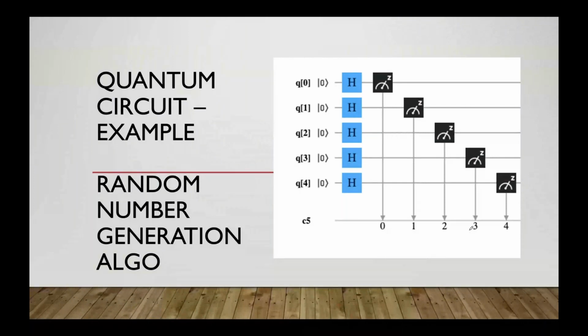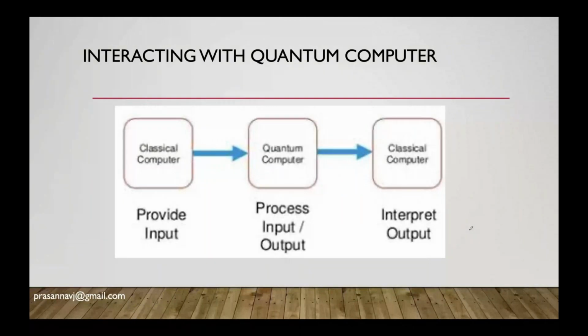Now, how do we actually interact with quantum computers? We know that we cannot hold one in our house. We may require a special environment to have the quantum computer in place, and because of that, there should be a special process to interact with it.